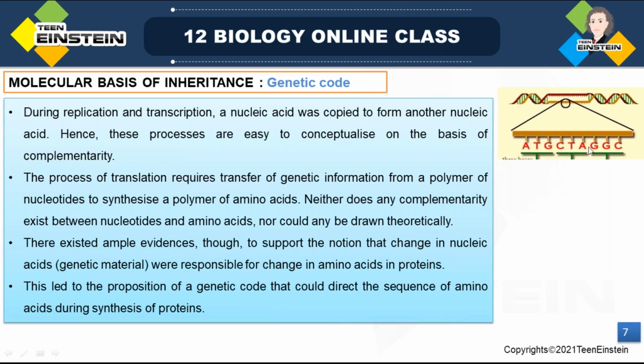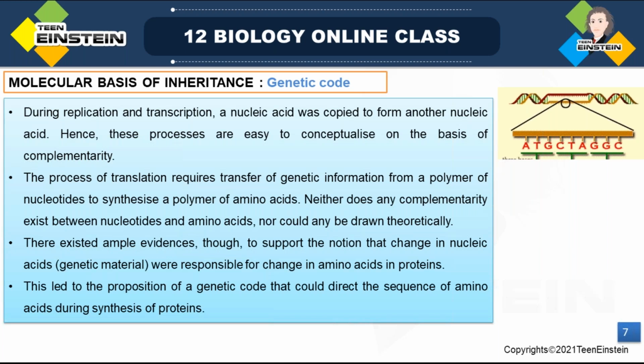On what basis is it getting copied? It is forming another nucleic acid on the basis of complementary base pairing, which we have learned about. So this is for replication and transcription.